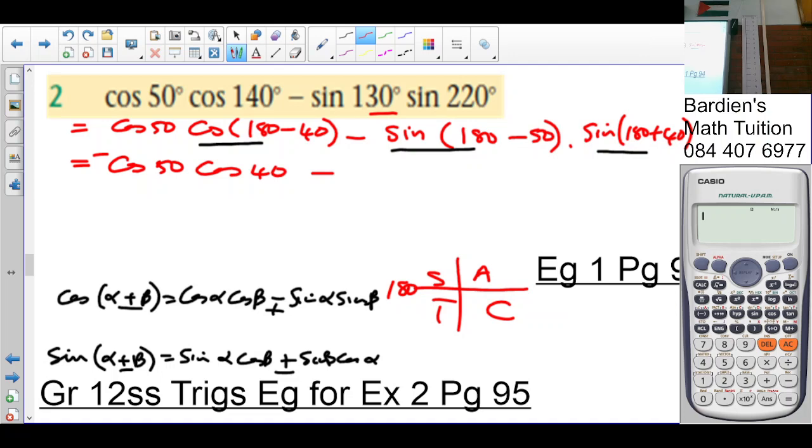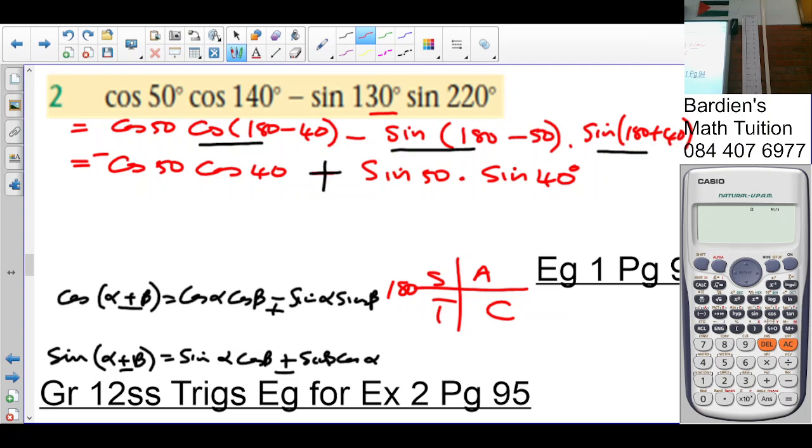Is sine positive or negative? Positive. So it becomes sine of 50 degrees times 180 plus, which quadrant is that in? Third quadrant. Is sine positive or negative? Now that negative coming from here times this negative will become a positive. Positive sine 40 degrees.